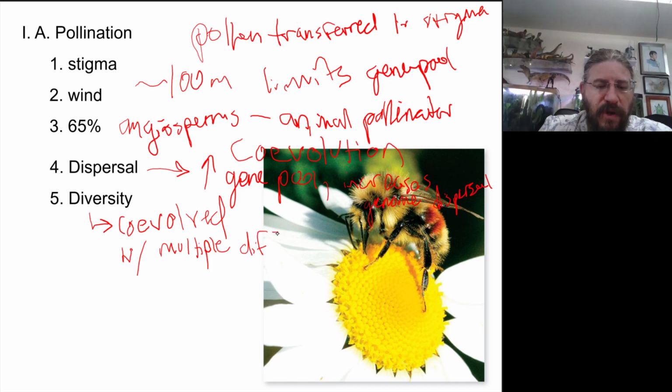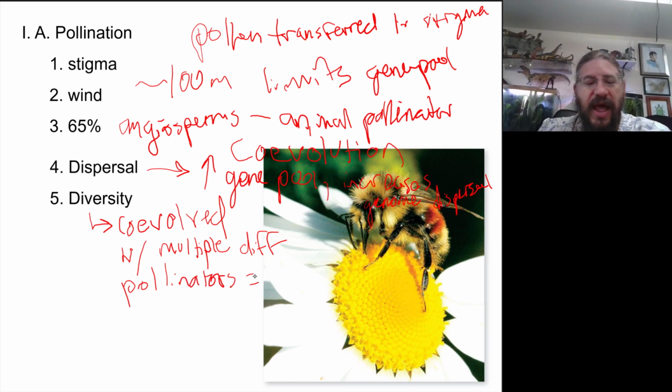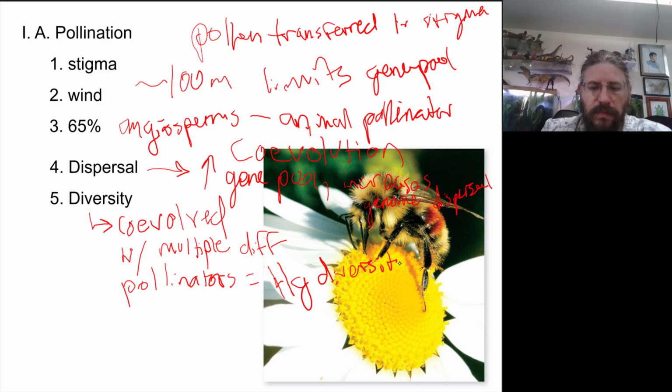So we co-evolved with multiple different pollinators, and that means big diversity in flowers and species. Huge diversity. So that's pretty cool. All right.